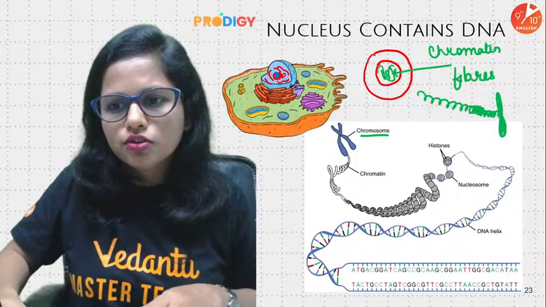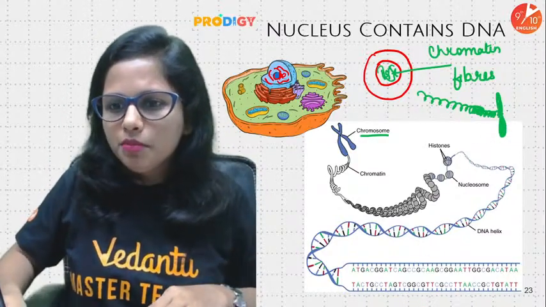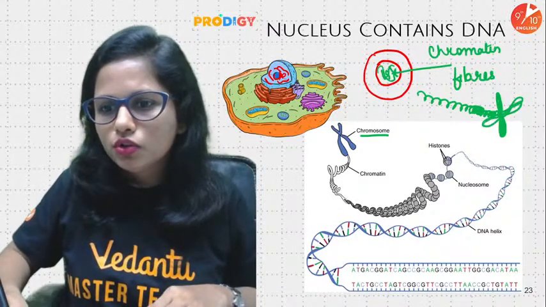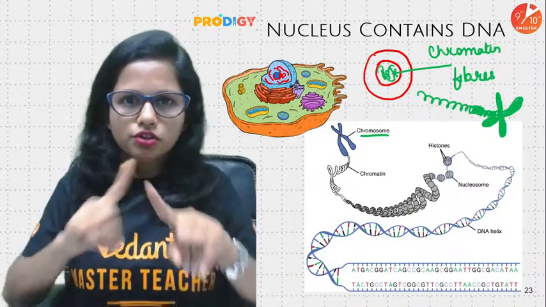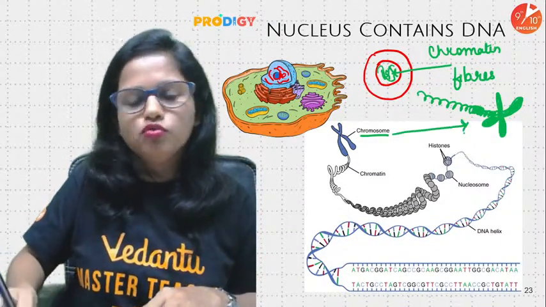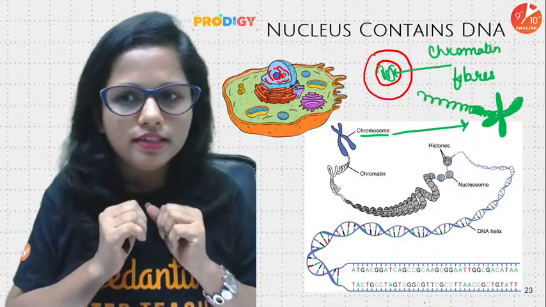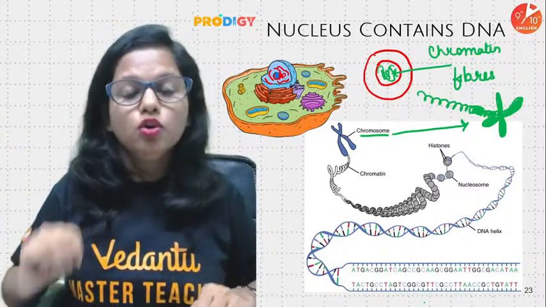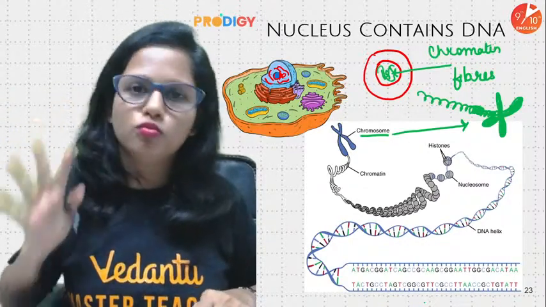This rod-like structure is nothing but a chromosome. This rod-like structure immediately duplicates to form another rod-like structure, and this structure, which looks like the alphabet X, is called a chromosome. So within the nucleus, there's chromatin fiber. Chromatin fibers coil, meaning they condense, to form a chromosome.